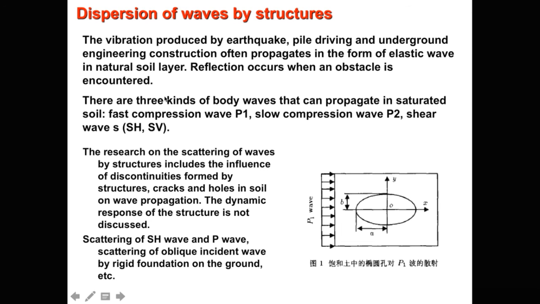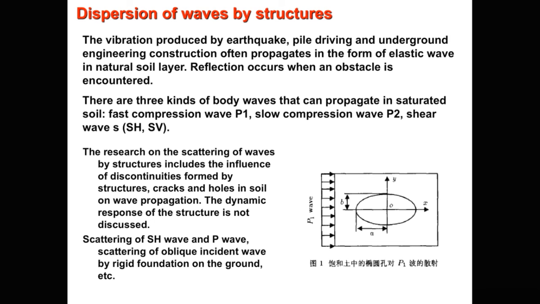There are three kinds of body waves that can propagate in saturated soil: the faster compression wave, P1 wave, the slow compression wave, P2 wave, and shear waves, including SH waves and SV waves. For the SH wave, the vibration direction is horizontal.